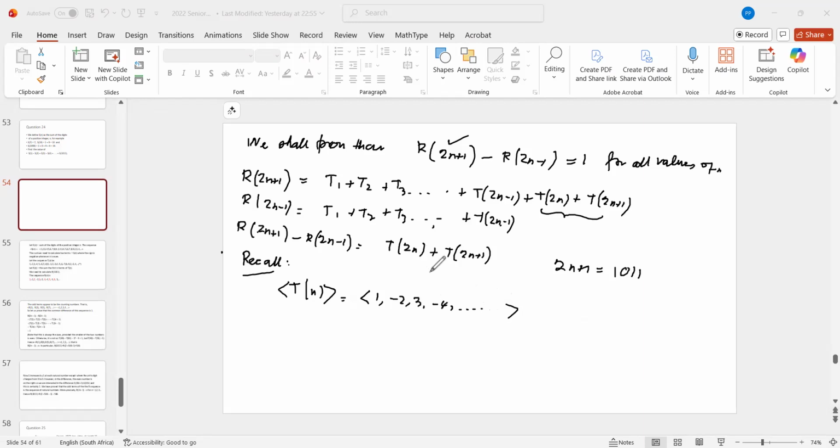So at the even terms, you got -2n, and at the odd terms, you got +2n plus 1. T of 2 is -2, for the even ones. And here, it's +2n plus 1.